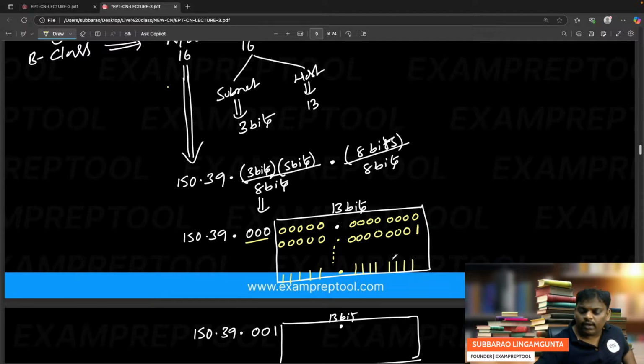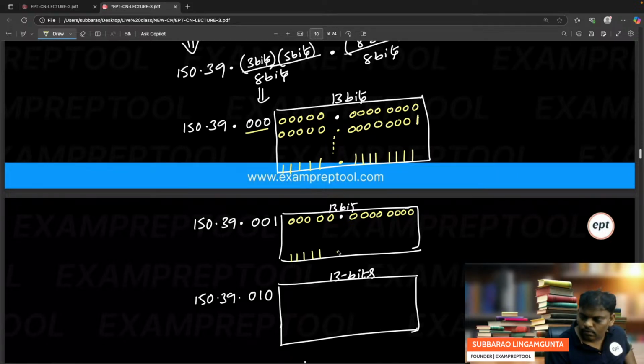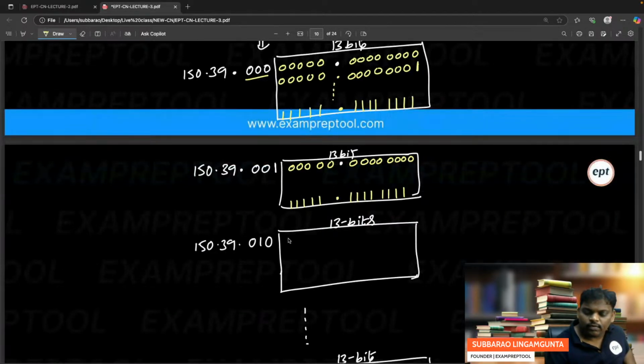In the similar way here also, 13 zeros to 13 ones.